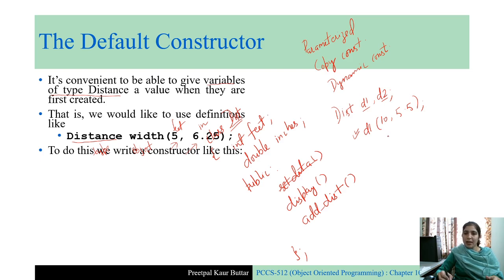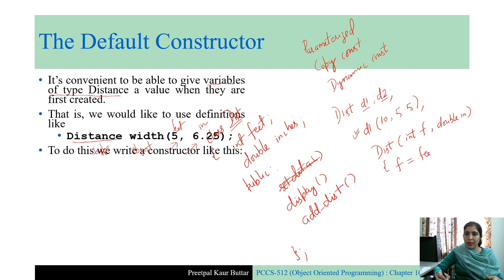If we want to write statements like this, we have to create a constructor. This you already know. For this we do not need set data anymore, but we need a constructor. The name of the constructor is the same as the name of the class, and here let us create some formal parameters: int f comma double inches.